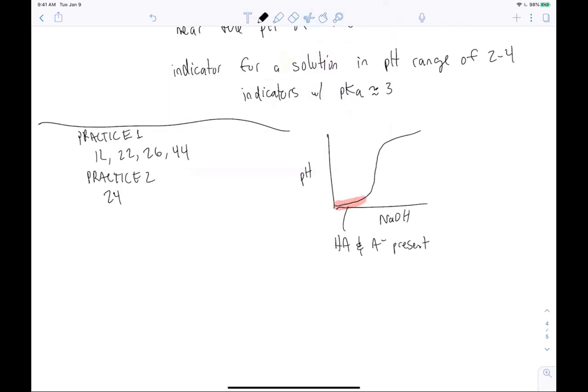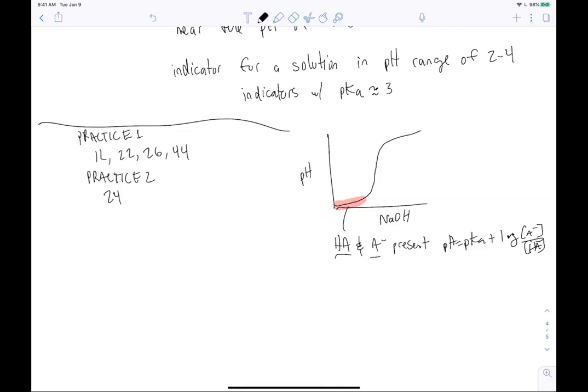That allows you to use this buffer equation, which is this.